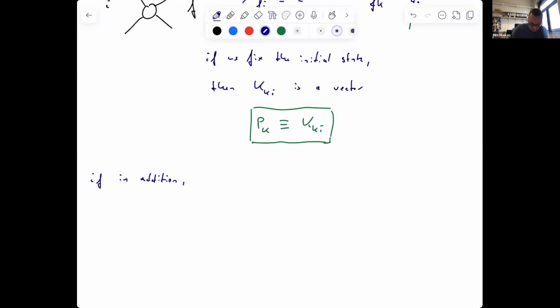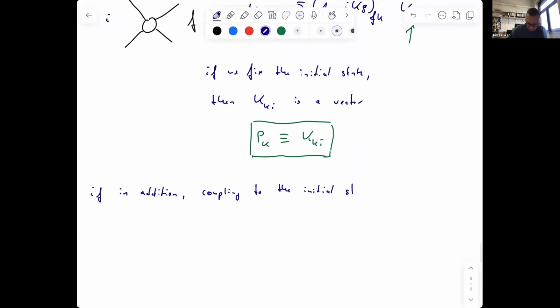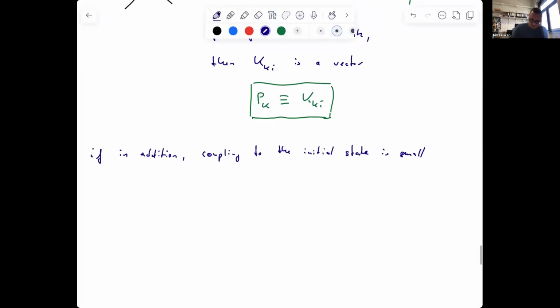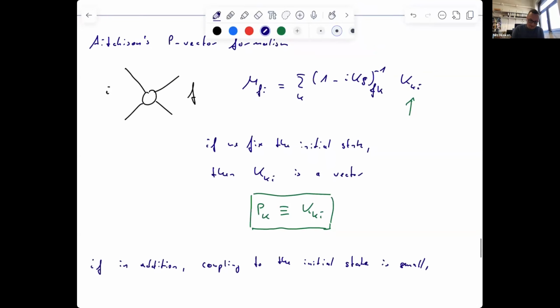So let's say we require the coupling to the initial state is small. Then what we can do is we can remove this initial state from the K-matrix. We can remove it from the rho matrix and thereby basically remove it from this denominator up here.